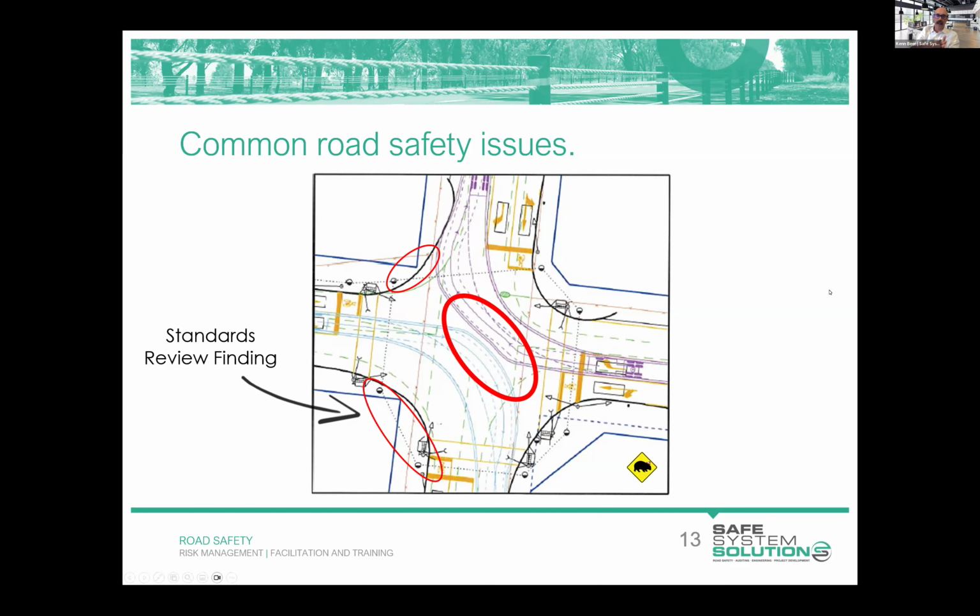Hassan's already thinking about how to adjust designs to cater for this, and talking about pulling the stop line or the hold line back a bit to try to adjust. What are your thoughts on that as a practice to lessen risk? Yeah, that would be a potential solution. As an auditor, we've picked up that these swept paths haven't been done in a desirable way.